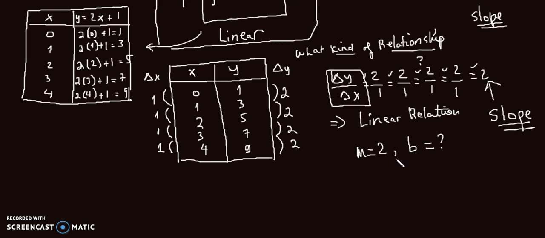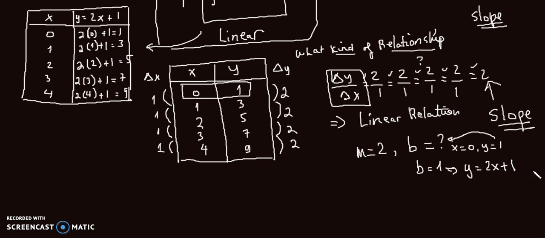One way is that the y-intercept is when x equals 0. In this case, when x equals 0, y equals 1. So my y-intercept is 1, so b equals 1. So my equation will be y equals 2x plus 1.